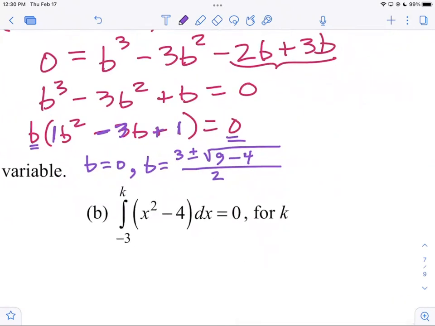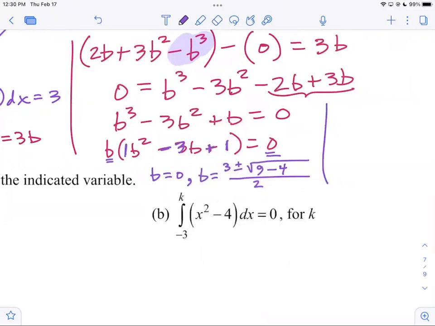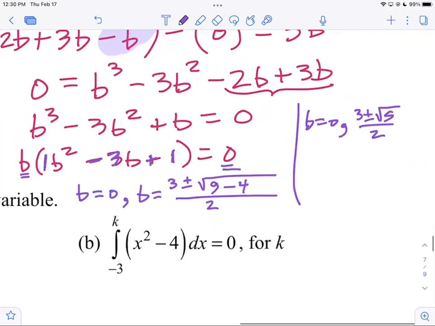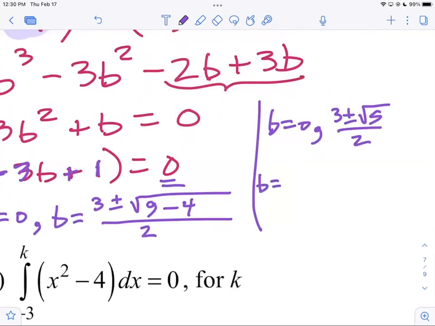Wow. So now new column, I get b equals 0, or let's see, the conjugate pair, 3 plus or minus the square root of 5 over 2. Let's list those separately. B equals 0, 3 plus the square root of 5 over 2, or 3 minus the square root of 5 over 2.